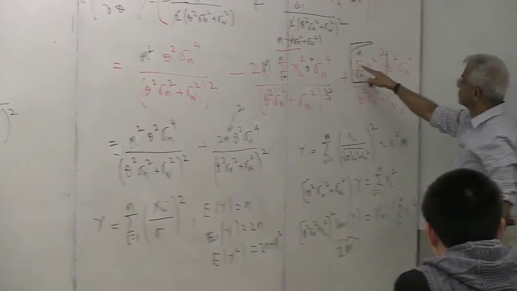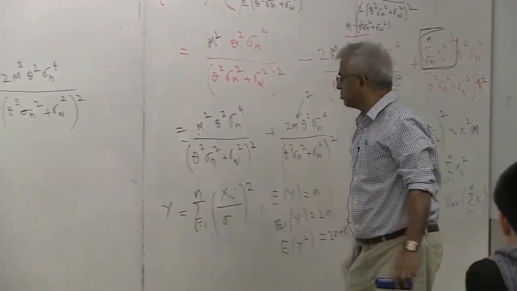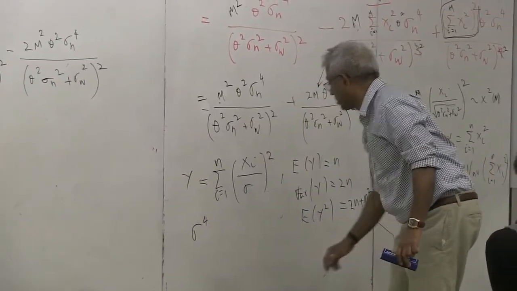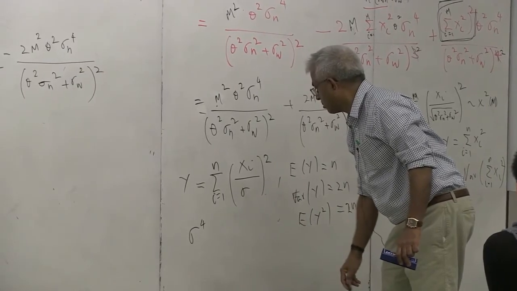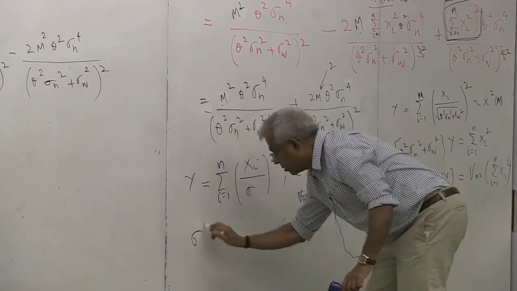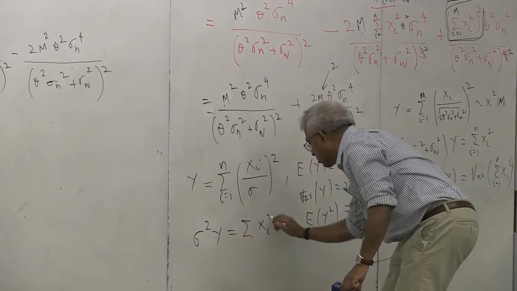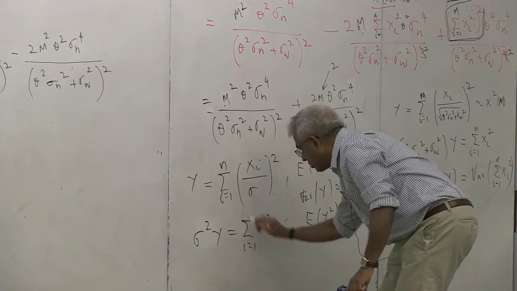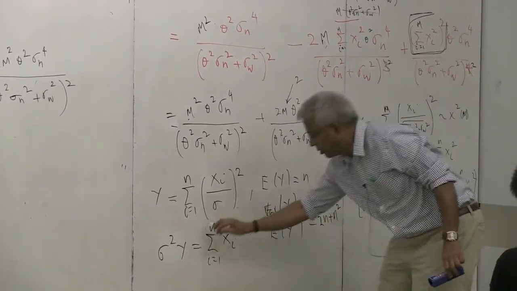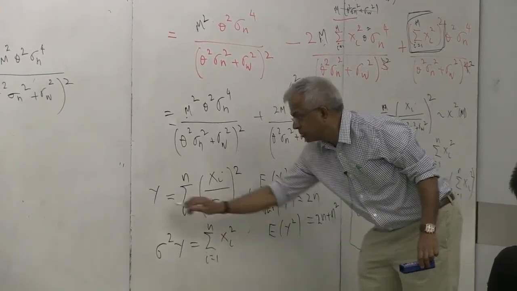So look here. Let me pull out that sigma outside. So I get sigma 4. I mean sigma squared multiplied by y is the same as xi squared, right? This much is correct, right? So now I want the expected square of this. This is an identity, I just pull it outside.